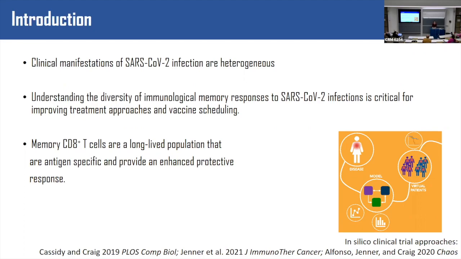Unlike antibodies, the cytotoxic T cells, the CD8 T cells, are the major component of the cellular immune response that can protect our body from intracellular pathogens by killing infected cells. After a successful immune response to SARS-CoV-2 infection, some effective CD8 T cells remain in the patient's body and can convert and form an antigen-specific memory.